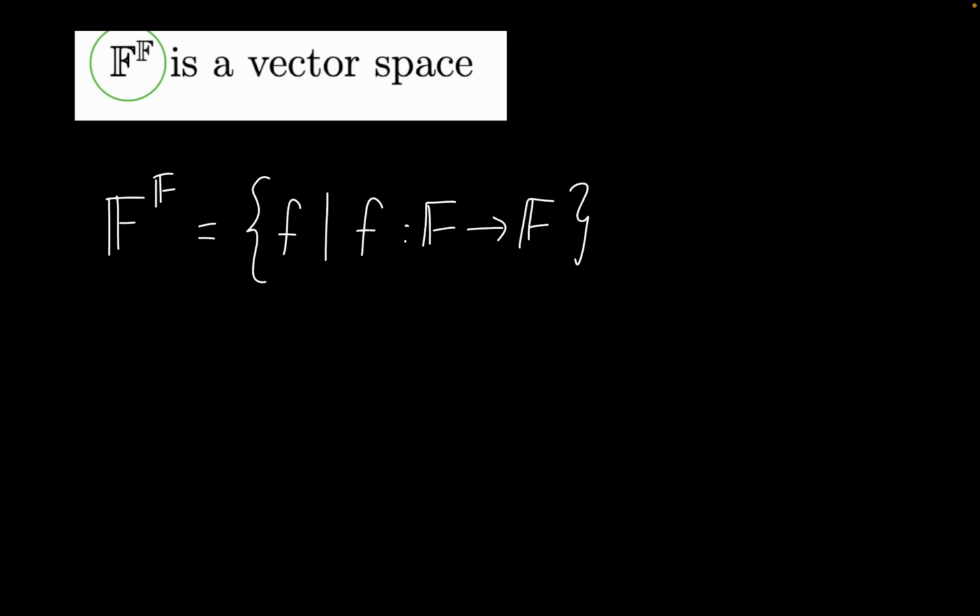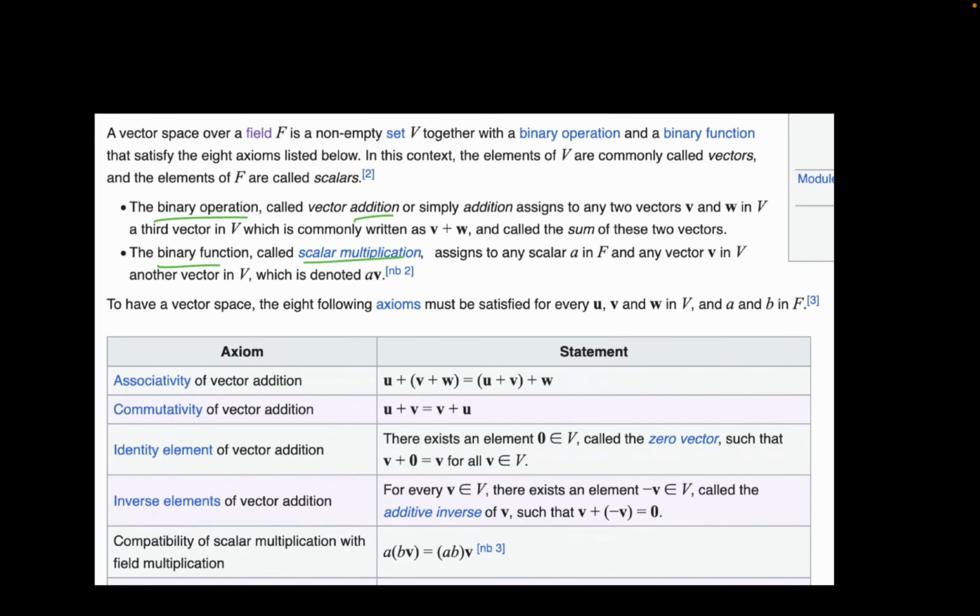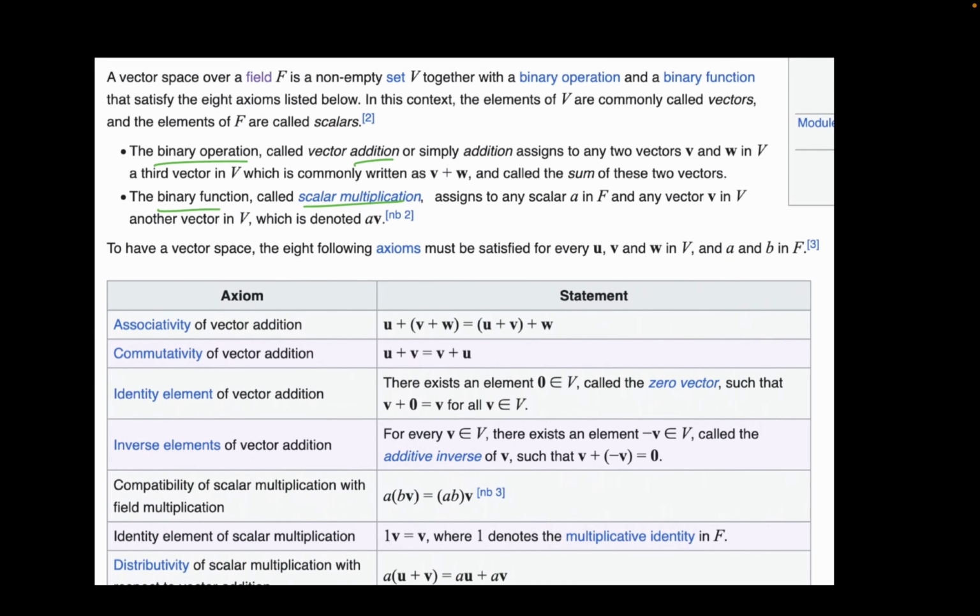So for an arbitrary vector space V, what do we need? V alone as a set is not enough, because then any set would be a vector space. Not really, but essentially, a vector space isn't defined without some additional things, and those additional things are given in this definition that I've taken from Wikipedia.